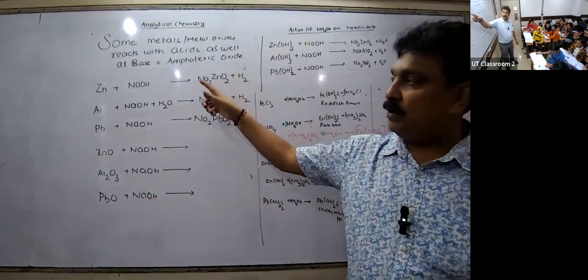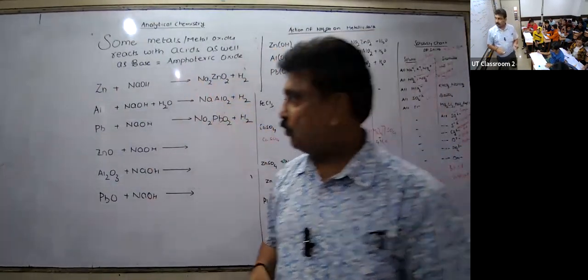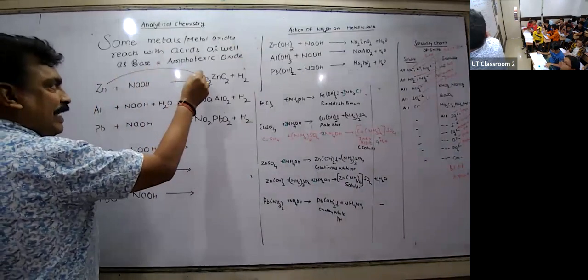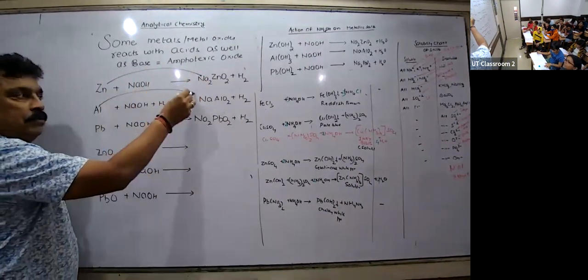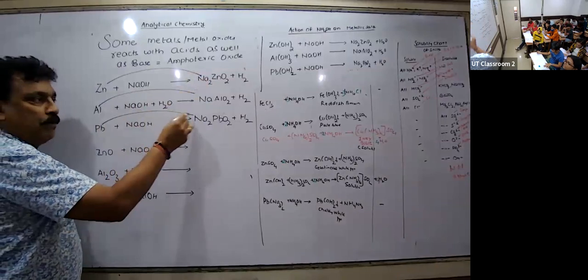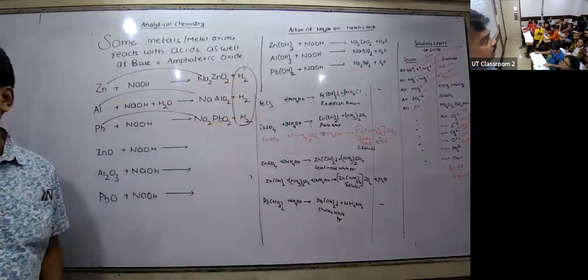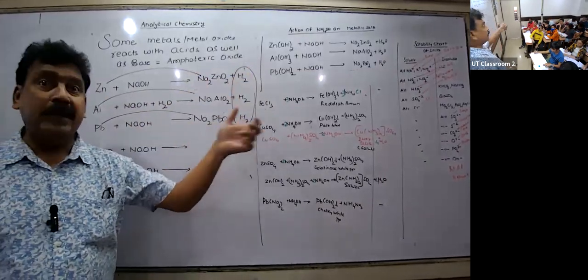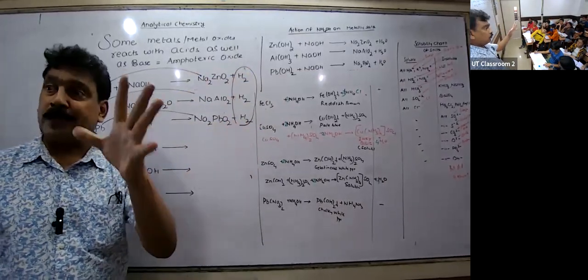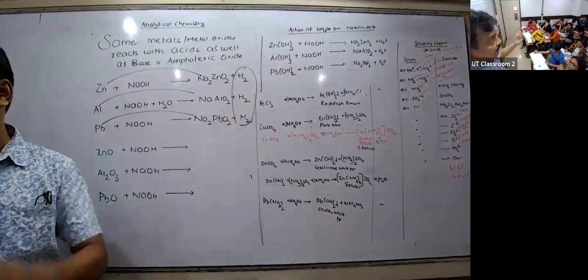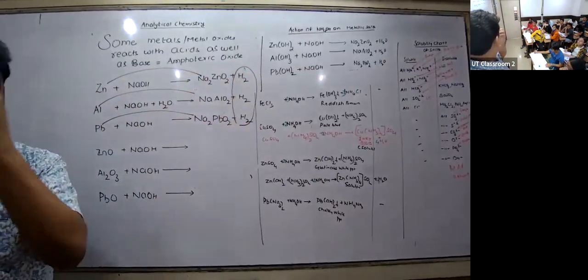And what do they give you? Zinc reacts with sodium hydroxide to give sodium zincate. Aluminium gives sodium aluminate, and lead gives sodium plumbite, plus hydrogen gas is released. Now, how will you test hydrogen gas? You bring it near a flame and it gives a pop sound, plus a pale blue color.